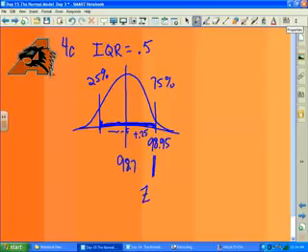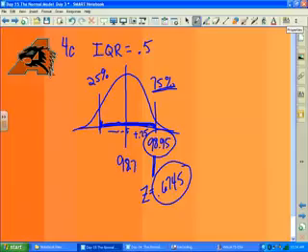Okay, so what is this z-score right here? The z-score at 75% we already calculated was 0.6745. Okay, so look, I have an actual data value. I have a z-score. I have my mean. And the thing that's missing is my standard deviation.